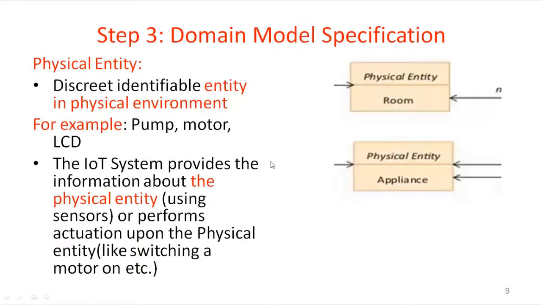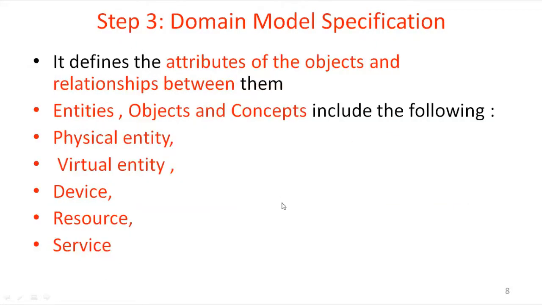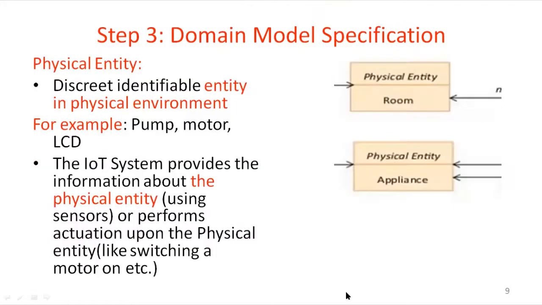The first important one is the physical entity. What is a physical entity? The physical entity is a discrete, identifiable entity, that means a real world entity in the physical environment. In the physical environment, temperature is one entity, pump is one entity, motor is one entity, LCD is one entity, the room is one entity.